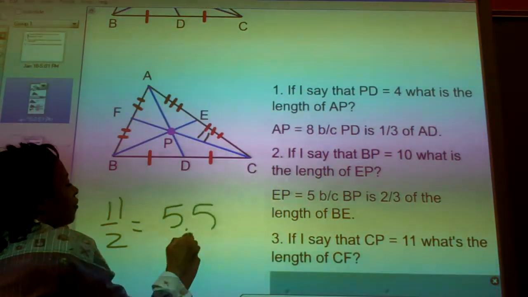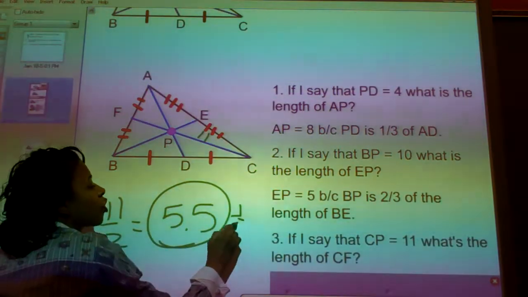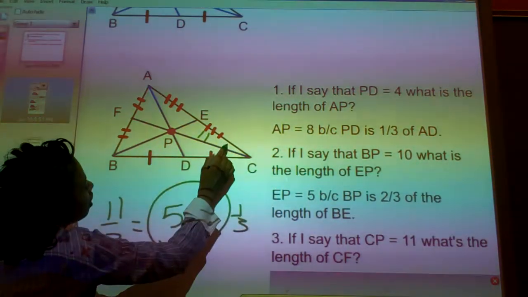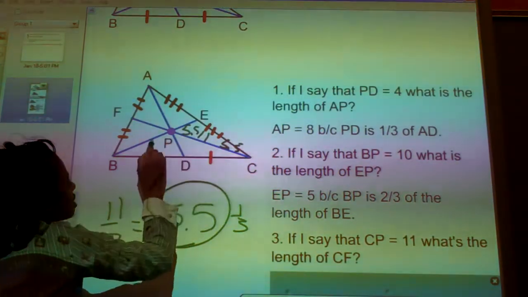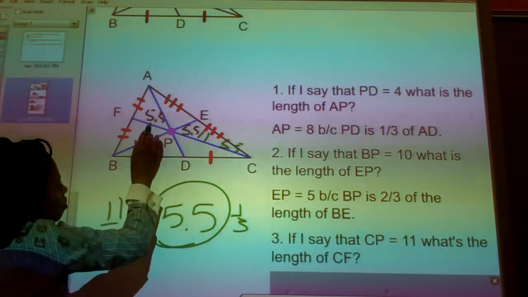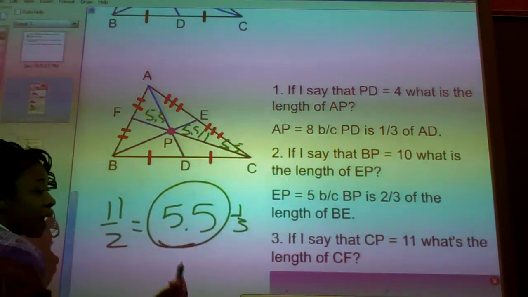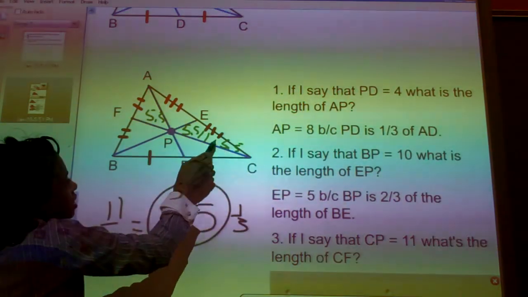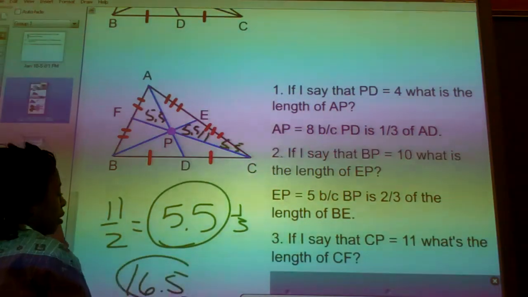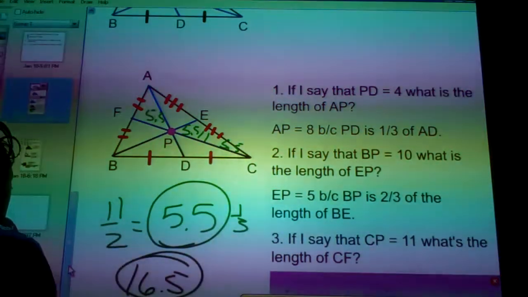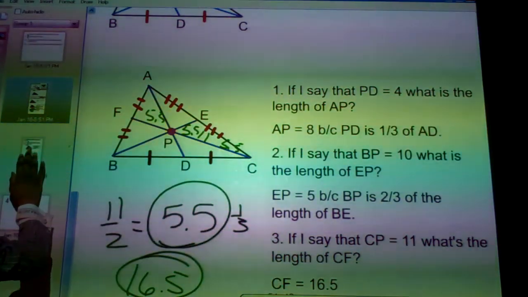That's going to be 5.5 for each 1/3. So this is 5.5, this is 5.5, and this will be 5.5. 3 times 5.5 is 5, 10, 15, 16 and a half. And there should be that.